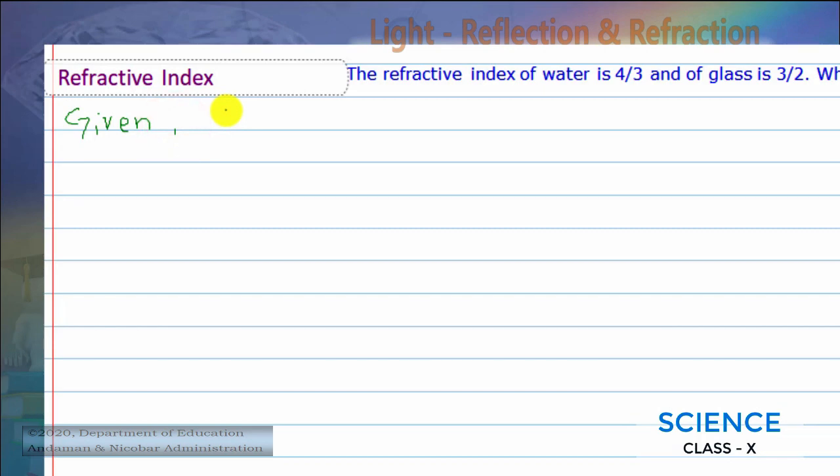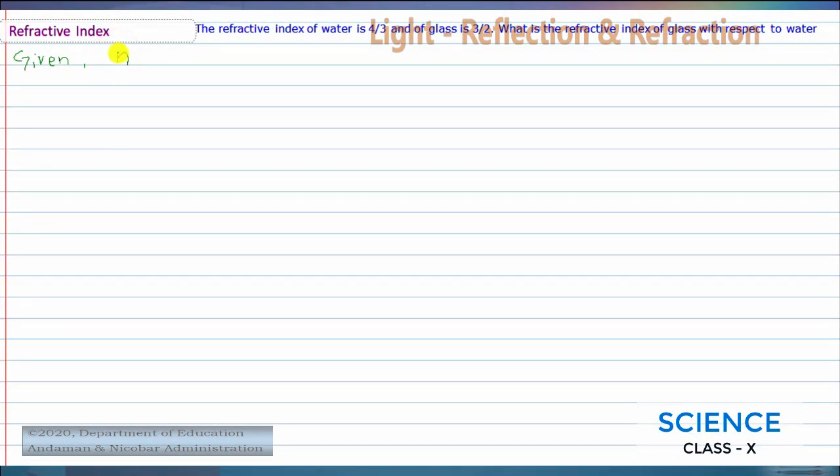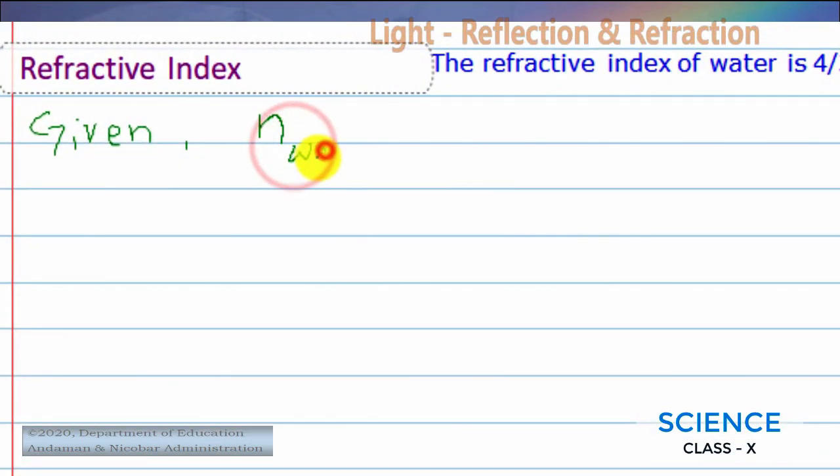Now the refractive index of water is given. So symbolically we can write NWA. When the light enters from air to water, the refractive index of water is given as 4 by 3, right? 4 by 3. And the refractive index of glass is given, so we can write NGA.